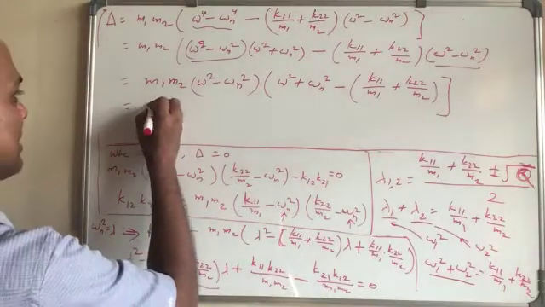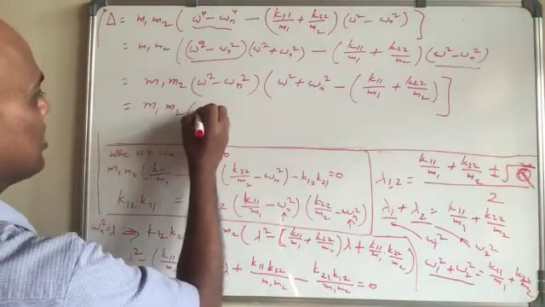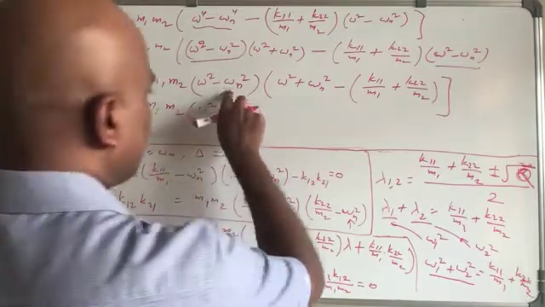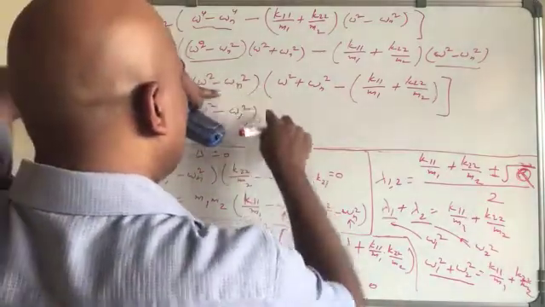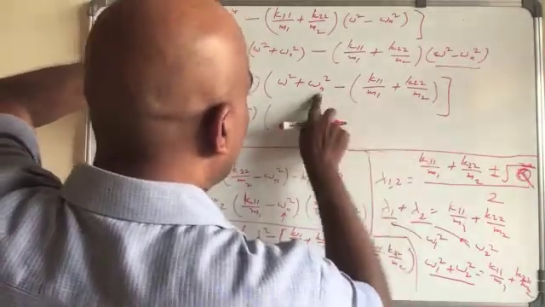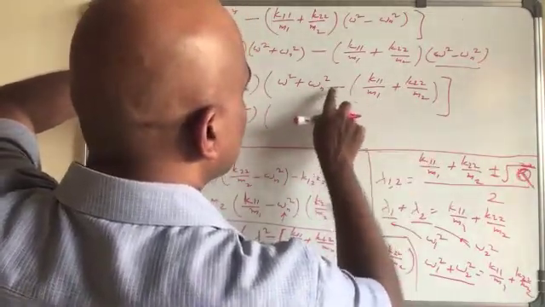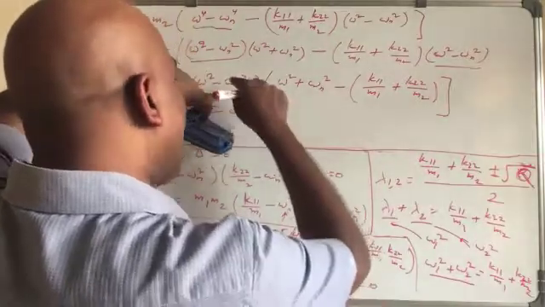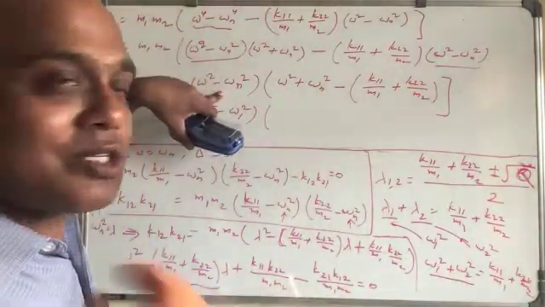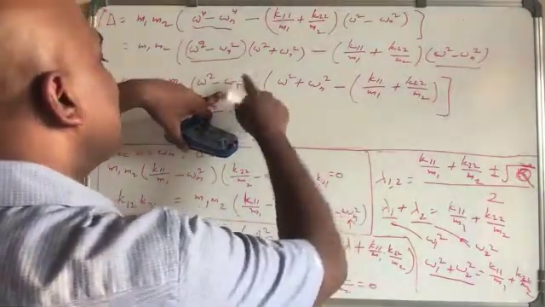What it means is m1 times m2 times omega square minus omega 1 square. Let's call this one omega 1 square. So omega n will be either omega 1 or omega 2. Let's assume here omega n equals 1.